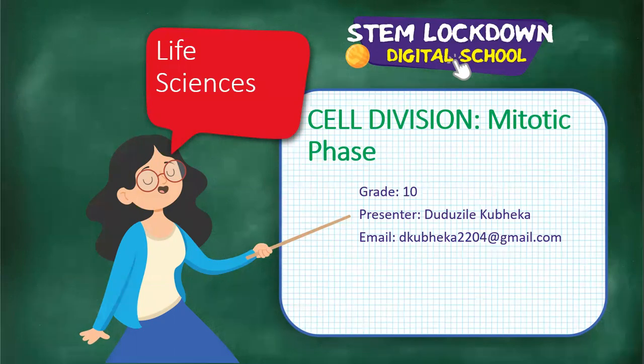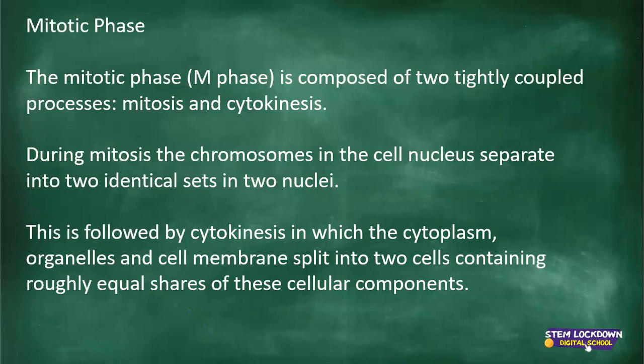The G1, S, and G2 phases are all part of the interphase, whereby the DNA is growing and replicating. Then in the mitotic phase, the DNA is now going to divide, the cell is undergoing cell division.